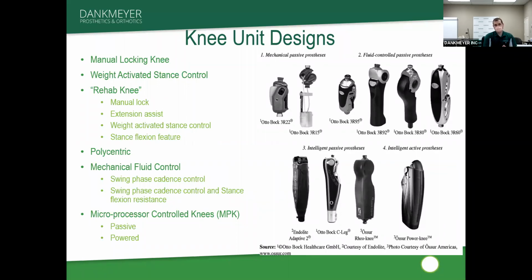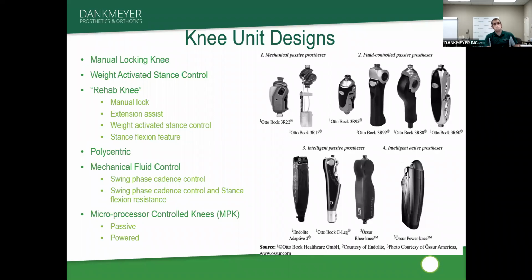There are starting to be some exceptions to that, and some microprocessor knees that are designed to better function in the lower K3, higher K2 level and help patients make that transition. But that's still very difficult, and it really depends on the patient's insurance whether or not that can even be provided.